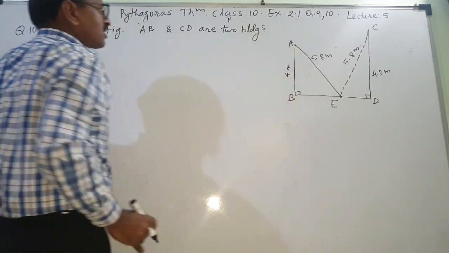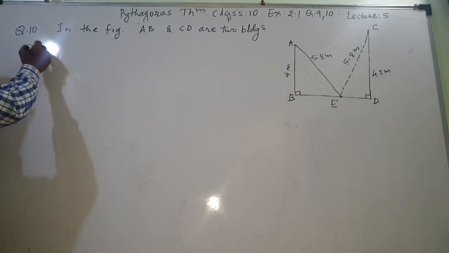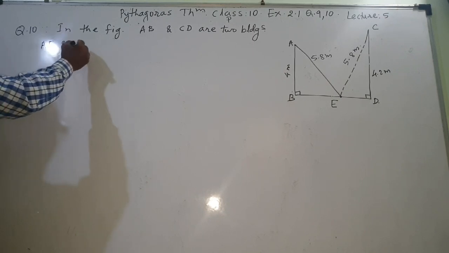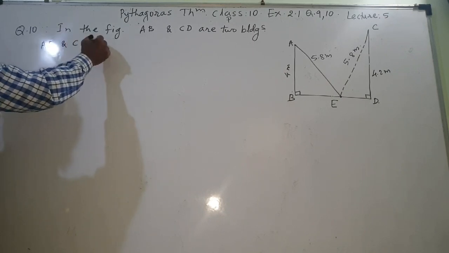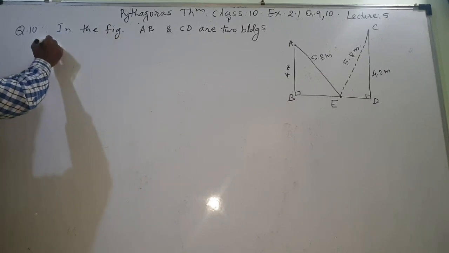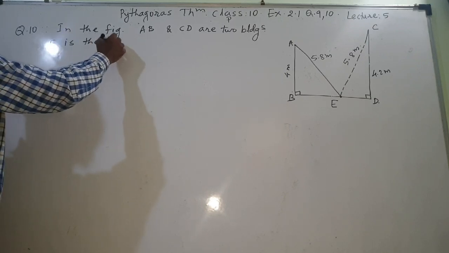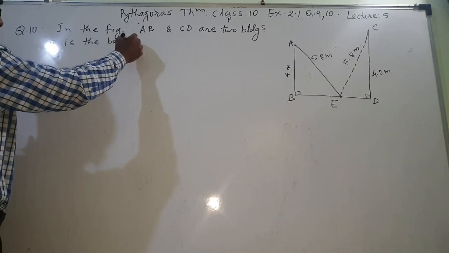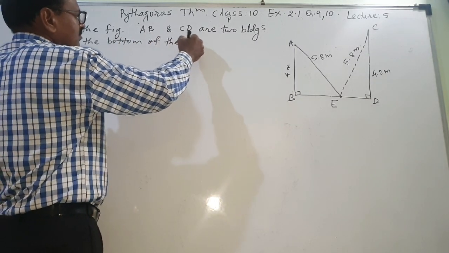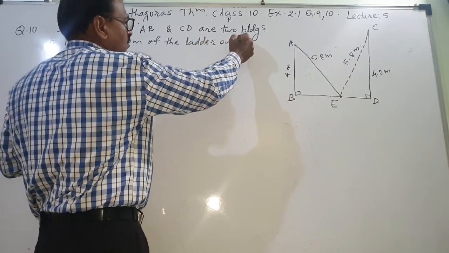I am writing in the shortcut. You don't write in the shortcut. AE and CE are, E is the position we will write. E is the bottom of the ladder on the street.